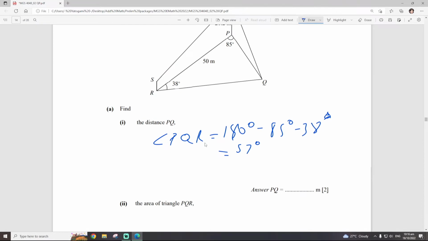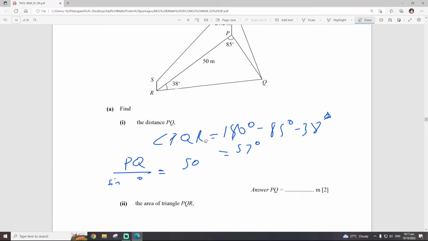We can now conclude that PQ over sine 57 degrees, and in fact, I can actually just add up these two and use that as sine because of the symmetry of the sine function, but it's fine. Oh wait, no, sorry.